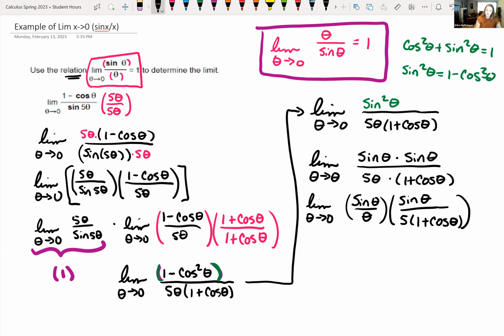So again, let's do our direct substitution. Well, the limit as theta goes to 0 of sine theta over theta, we know that piece is going to be 1. All times, now going in here plugging in 0 wherever we see a theta, sine of 0 all over 5 times the quantity 1 plus cosine of 0.